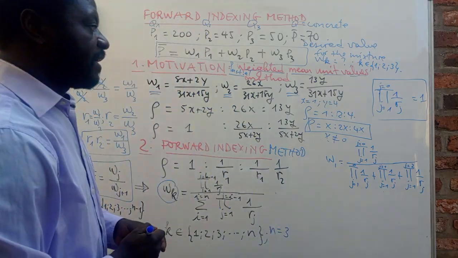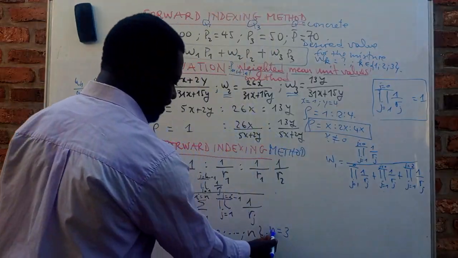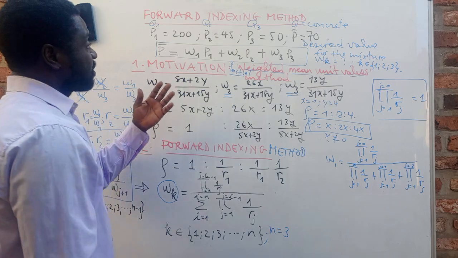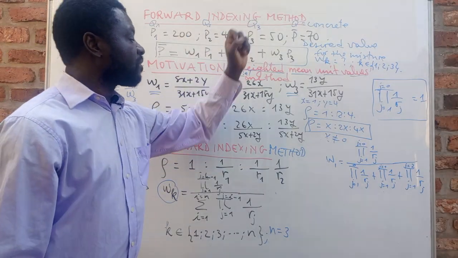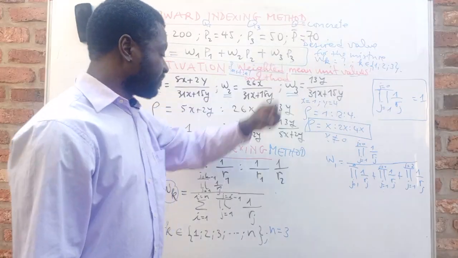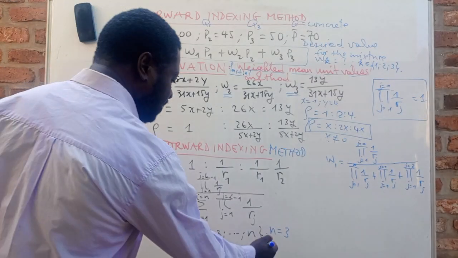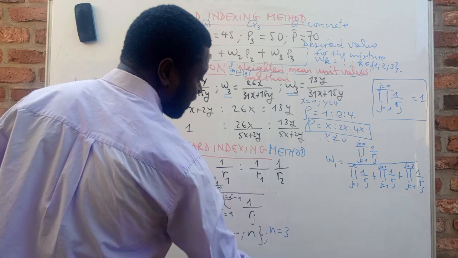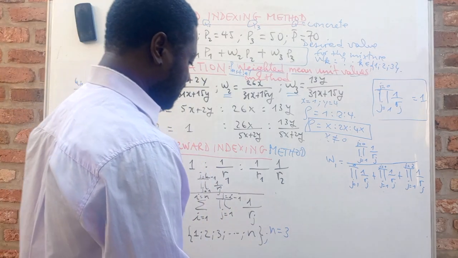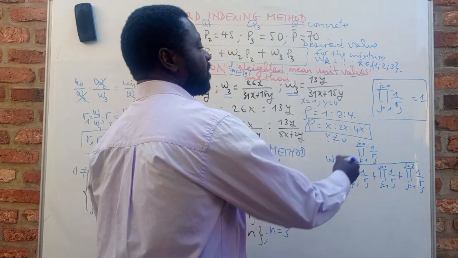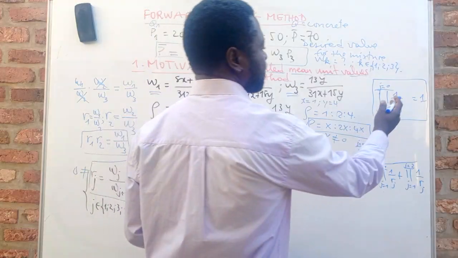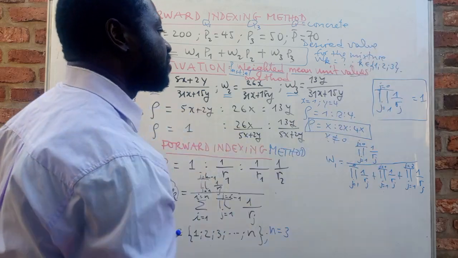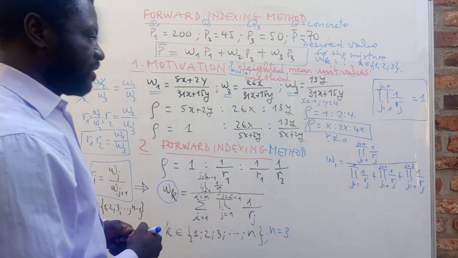Here we took index 3 because you have 3 components of the mixture. For any index, even greater than 3, we always have this one. This is one of the properties, so we're going to prove it in the next video.